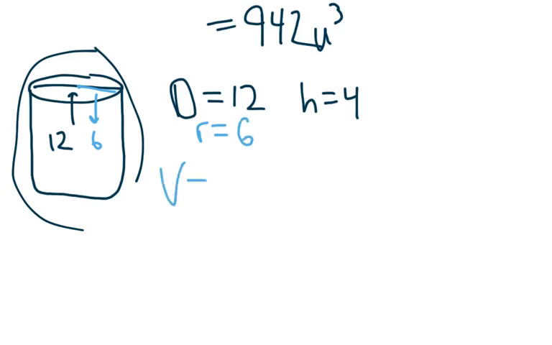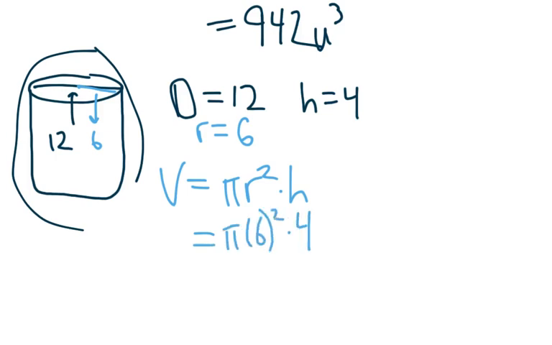And we just apply everything we just did. So pi r squared times height, that's equal to pi times 6 squared times 4, which is then going to be equal to 36 times pi times 4. So you have 36 times pi, 36 times 4 is going to be 144.